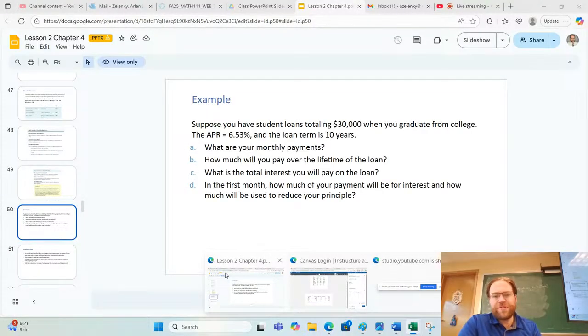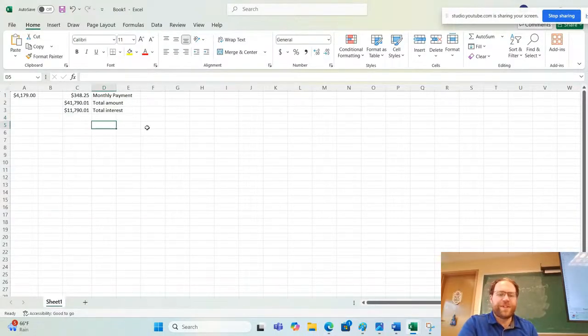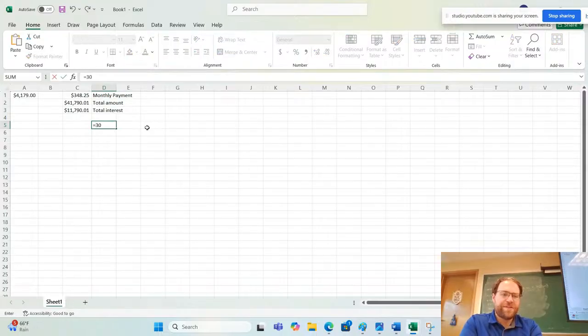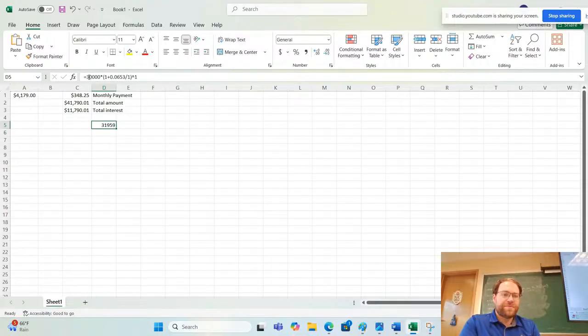And then in the first month, how much of your payment will be for interest and how much will be used to reduce your principal? Well, we're starting off at $30,000 on the loan. So 1 plus 0.0653. So this value that I got here, the 31,959, that's how much it's going to be at the end of year one.